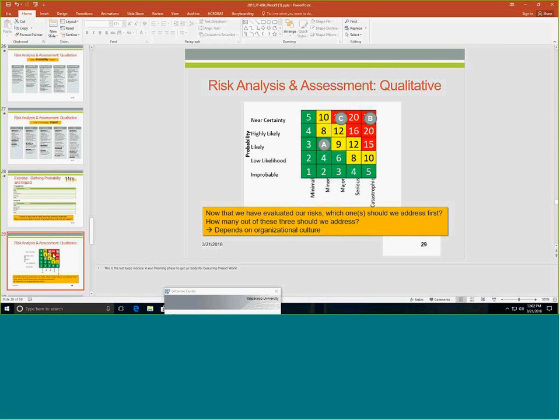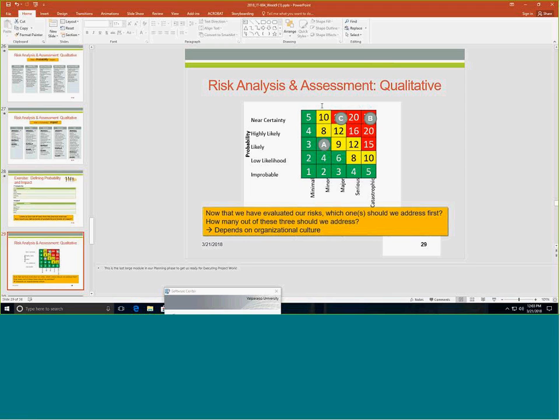Do that because organizations like to plot risks on what is called a risk matrix. That's what you're seeing here, right? Risk matrices are typically defined by probability and impact, one on the x-axis and the other on the y-axis.